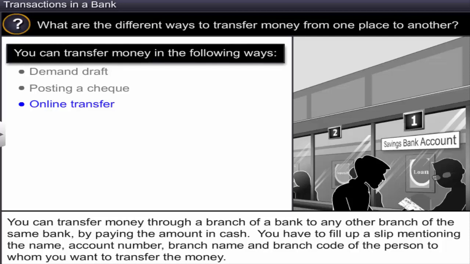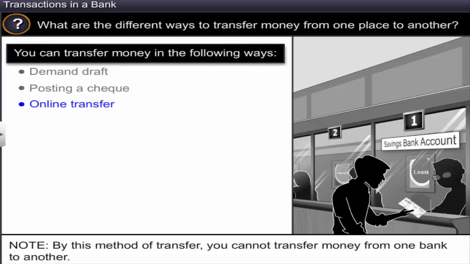You have to fill up a slip mentioning the name, account number, branch name, and branch code of the person to whom you want to transfer the money. Notice that you cannot transfer money from one bank to another this way.